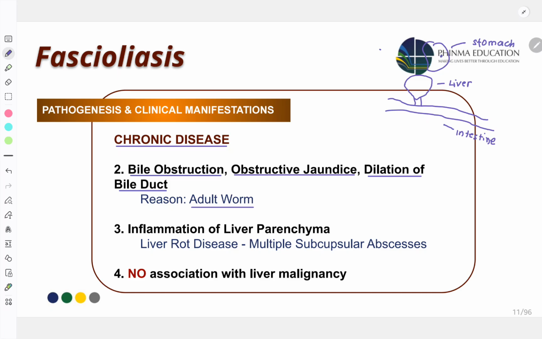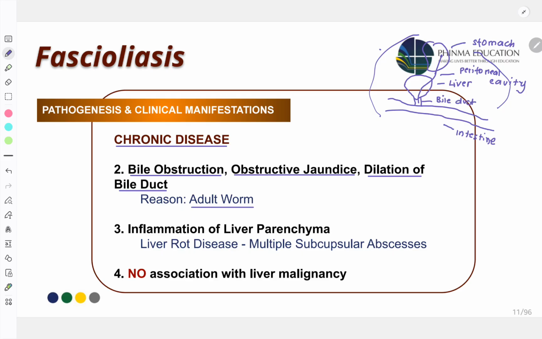In the life cycle, the metacercariae migrate from your stomach, through the space in between your organs, the peritoneal cavity. From the peritoneal cavity, it migrates to the liver, and then the adult worm would be found here in your bile duct.